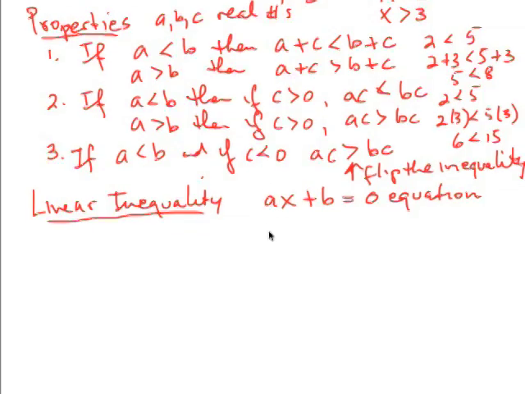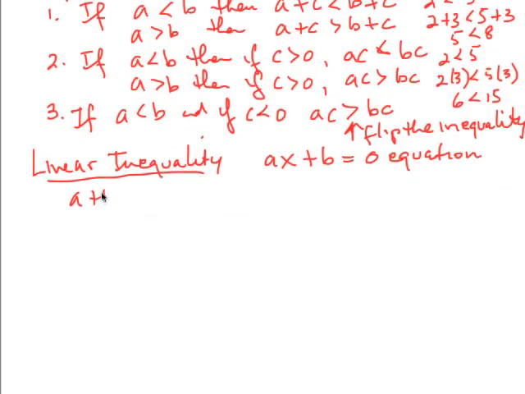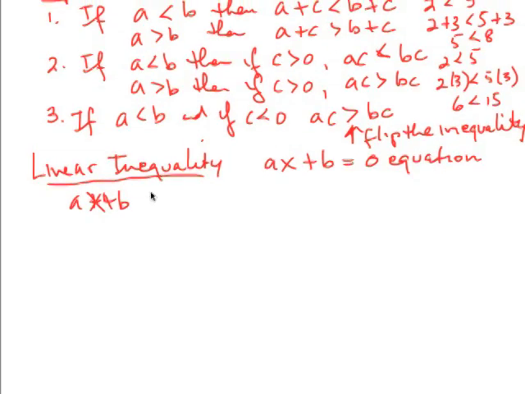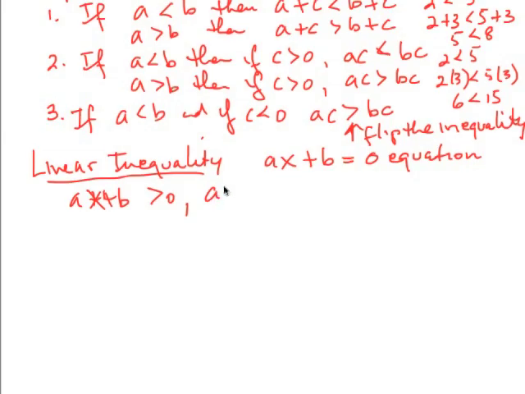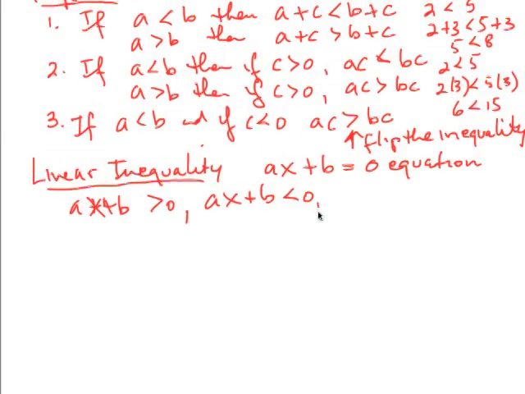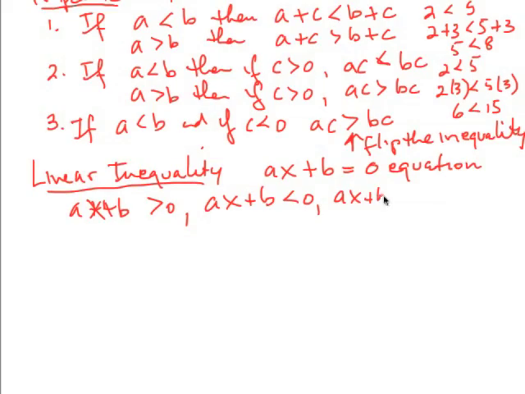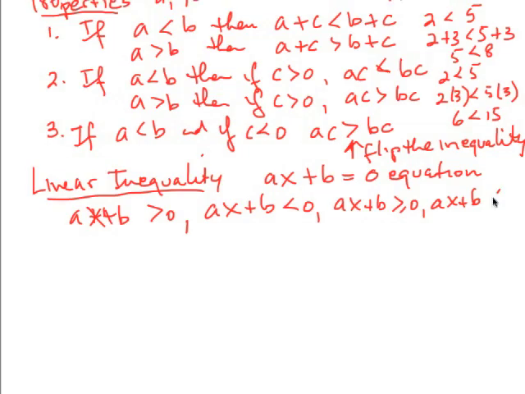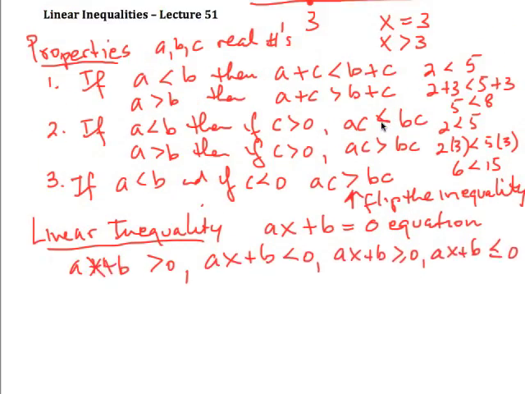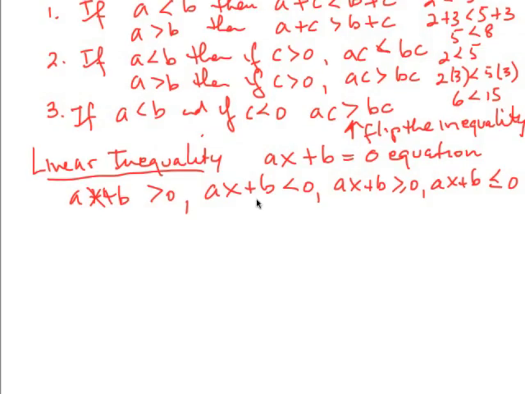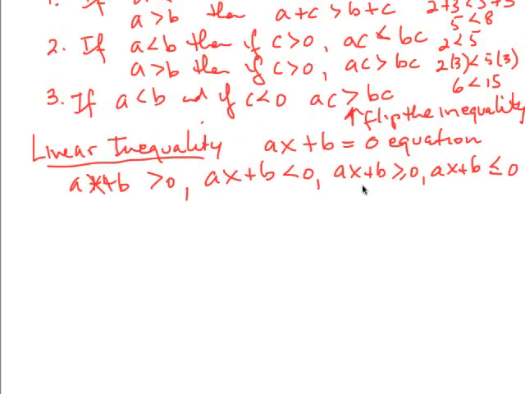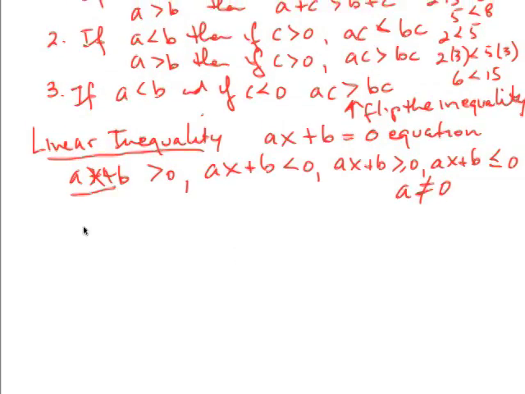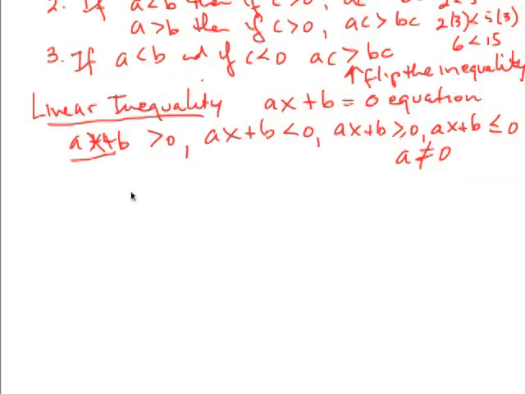For an inequality, we would have that AX plus B would be, say, greater than 0, or we could have AX plus B less than 0, or AX plus B greater than or equal to 0, or AX plus B less than or equal to 0. So these are the different kinds of scenarios here where A and B are real numbers, and of course A can't be equal to 0 or we wouldn't have a linear form like AX plus B.